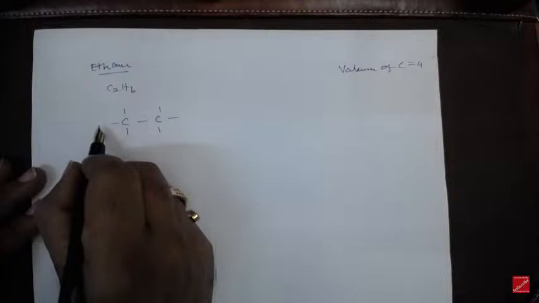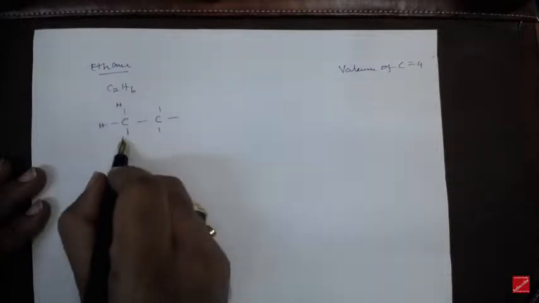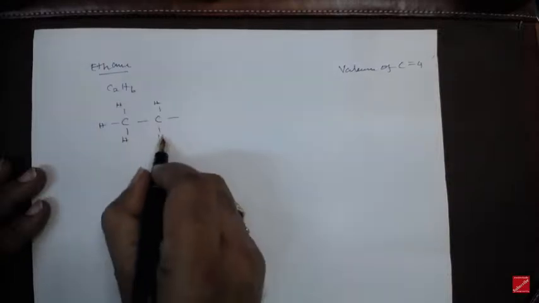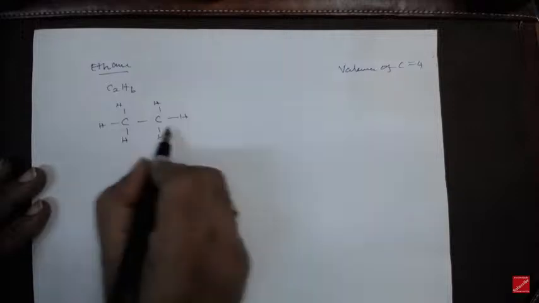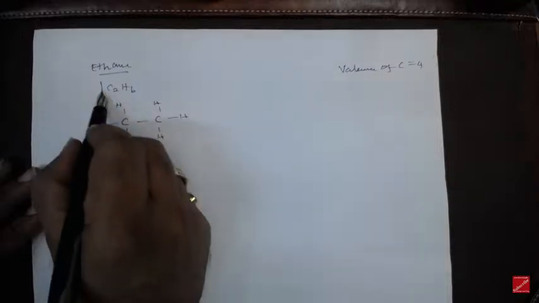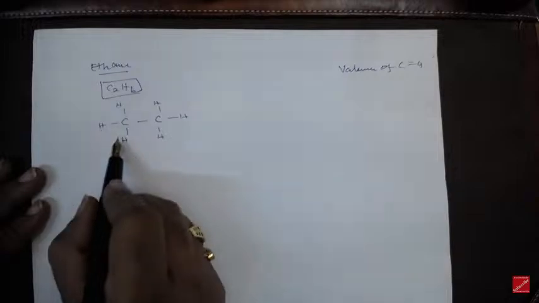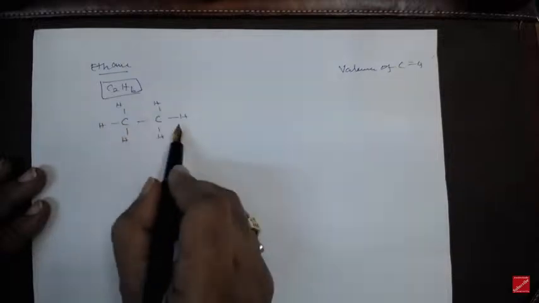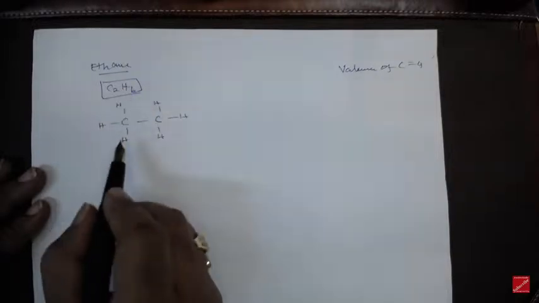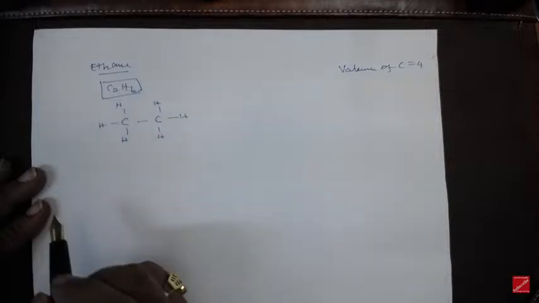So fill up with hydrogen. Then when you count the number of carbon atoms and hydrogen atoms, definitely it will give this formula. So how many hydrogen atoms are there? 3, 3, 6. So H6. There are 2 carbon.